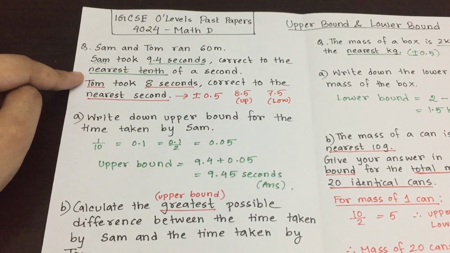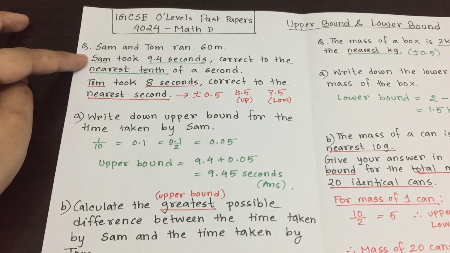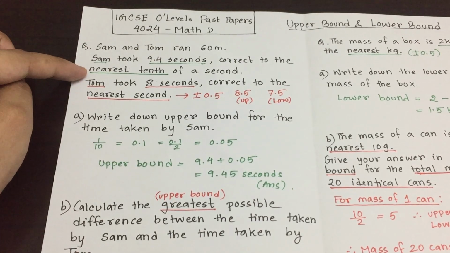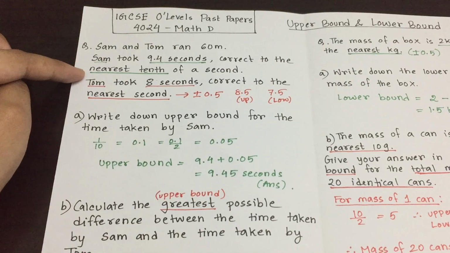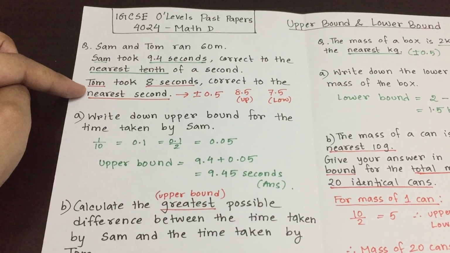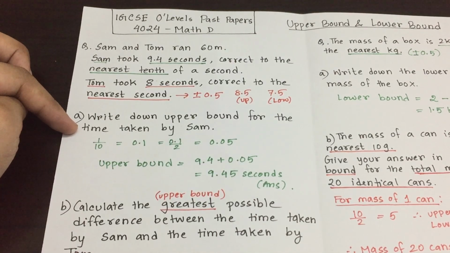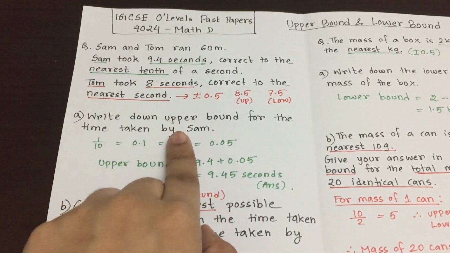Here it says Sam and Tom ran 60 meters. Sam took 9.4 seconds correct to the nearest tenth of a second, and Tom took 8 seconds correct to the nearest second. So my first requirement is to write down the upper bound for the time taken by Sam.